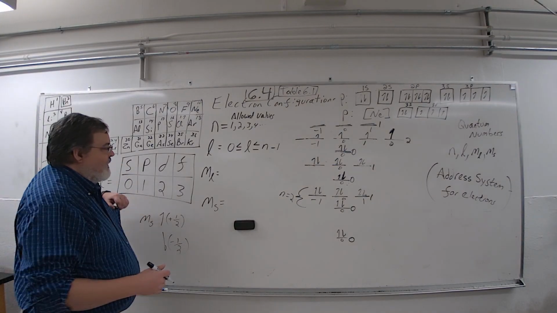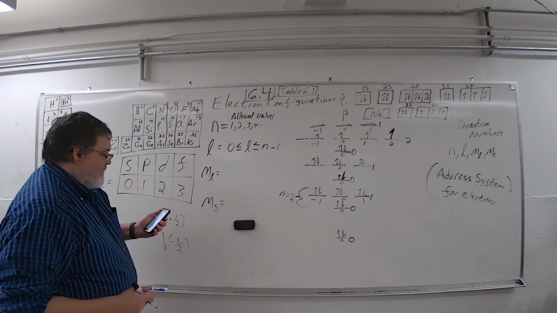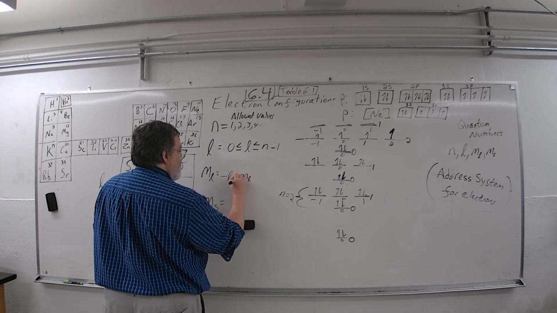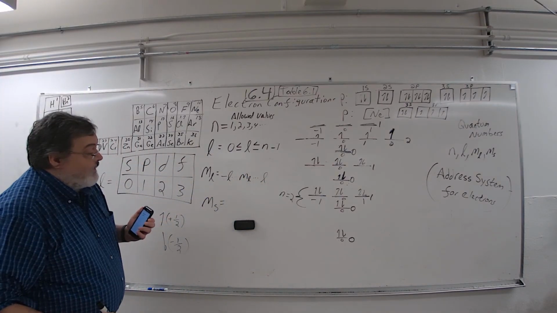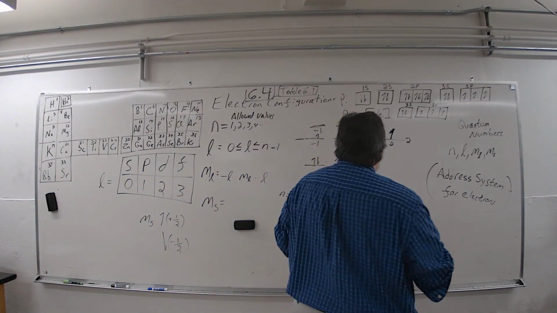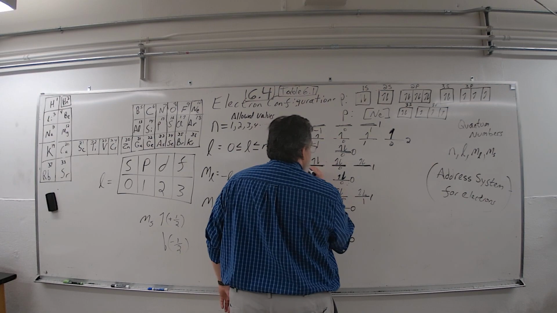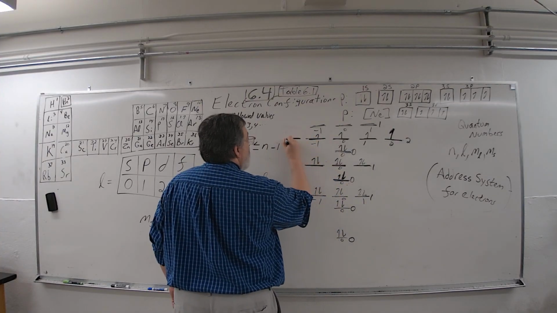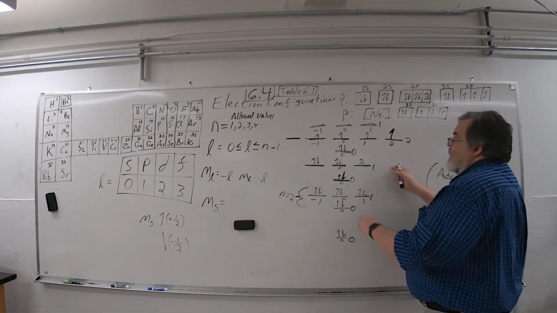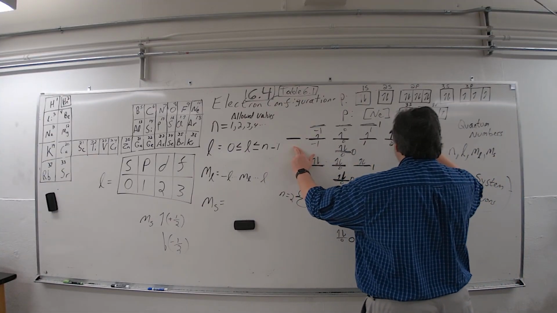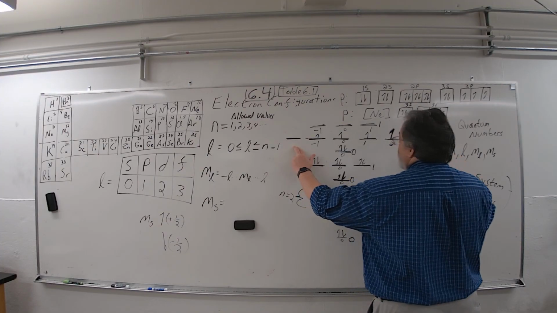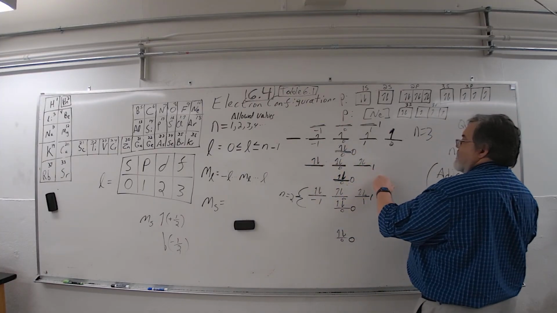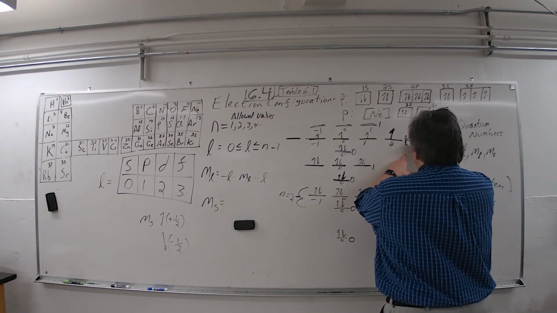Possible m sub L values: m sub L has to be negative L to L. Meaning if I'm in level 3, so this is n equals 3, and let's say my L value equals 2.